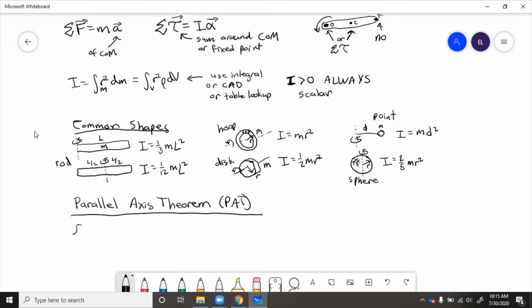Say we've got an object and center of mass is here. It could be rotating around an axis that goes through there. Or it could be rotating around an axis that's out here, distance d away.